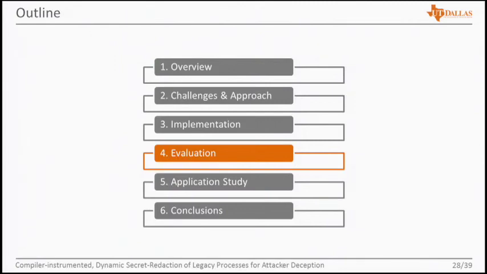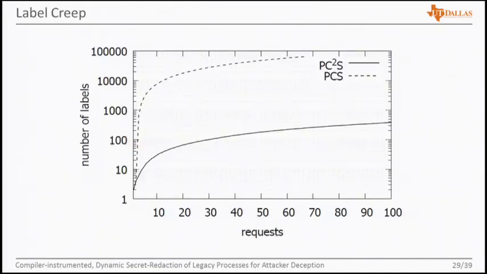To evaluate our approach, we tested SIGNA-C in Apache, Nginx, and Lighttpd, for various different characteristics. In this experiment, we instrumented the Apache web server, sent 100 requests to the server, and calculated the number of labels that got instantiated at each request. Basically, this is a tally on the number of labels.